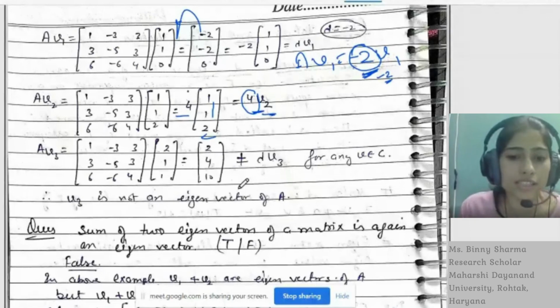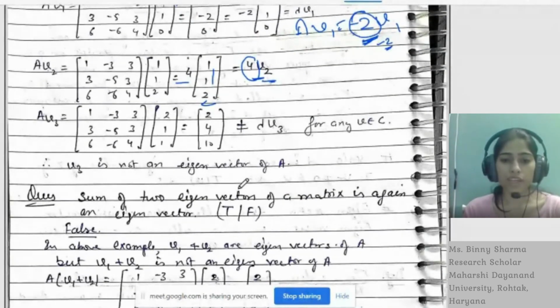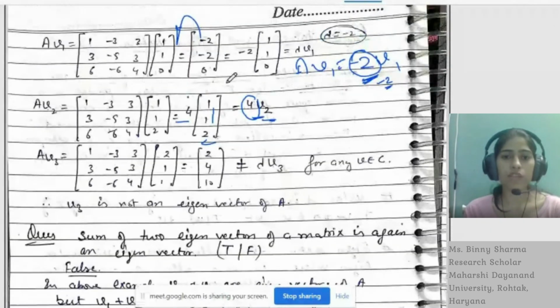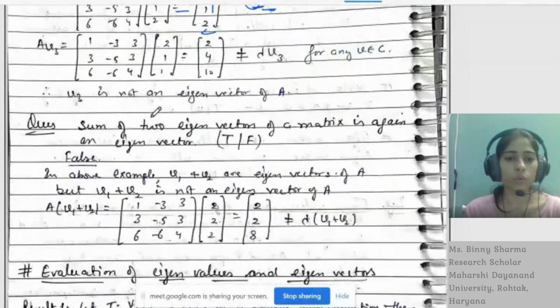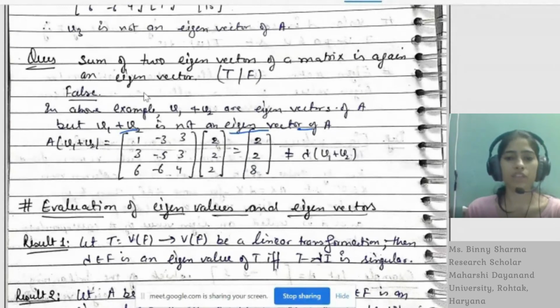Now the question arises: is the sum of two eigenvectors of a matrix again an eigenvector? From the above example, V1 and V2 are eigenvectors of the matrix A. But when we add V1 plus V2, it is not an eigenvector of A. Just multiply matrix A with V1 plus V2.